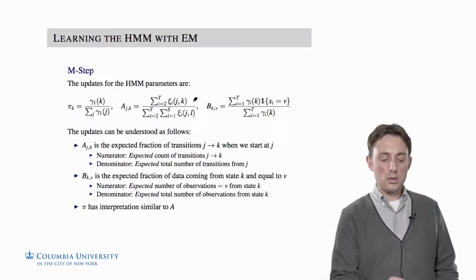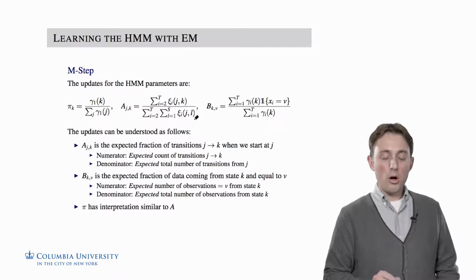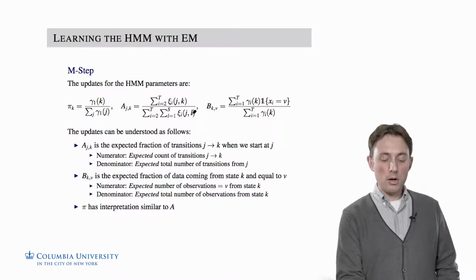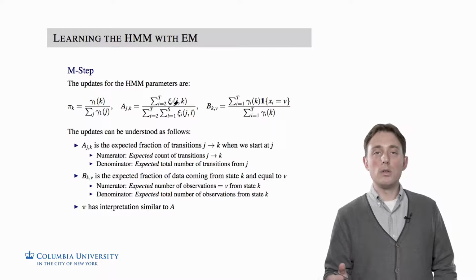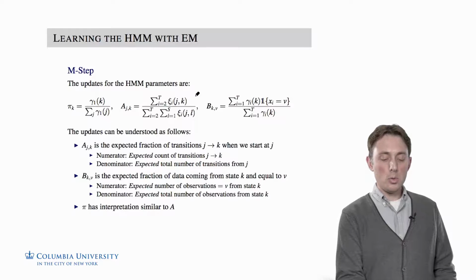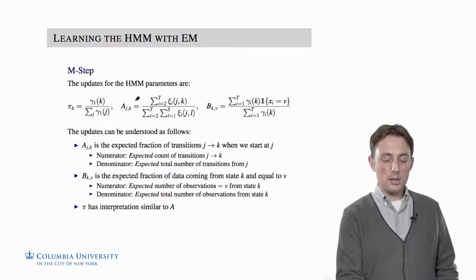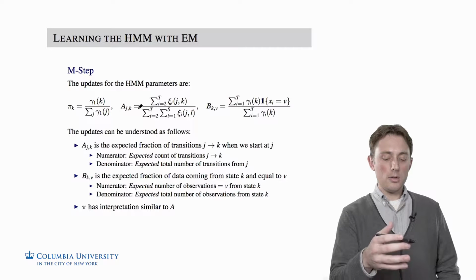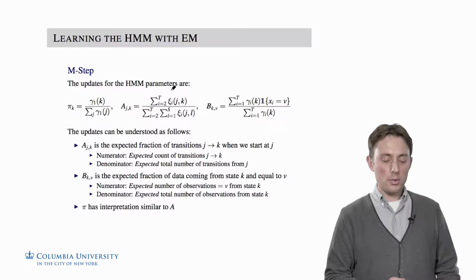In the denominator, we sum over all of the expected transitions from state j to any other state: we pick a state l, sum the expected number of transitions from state j to state l, and then sum over all possible values of l. This simply takes the numerator and normalizes along the row. So here's the probability of transitioning to state k given I'm in state j, calculated from the probabilities from the forward-backward algorithm.